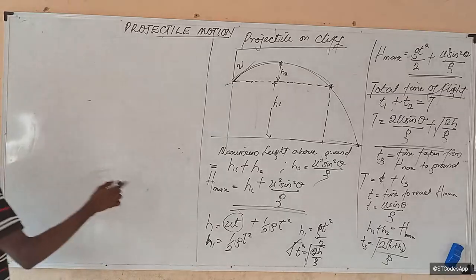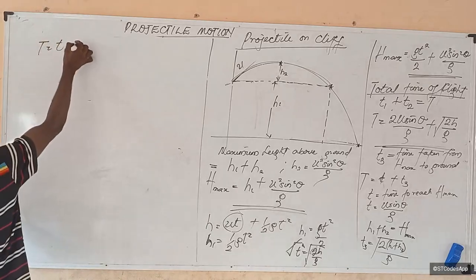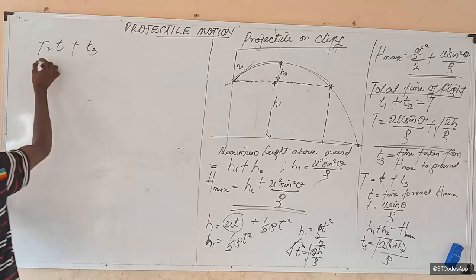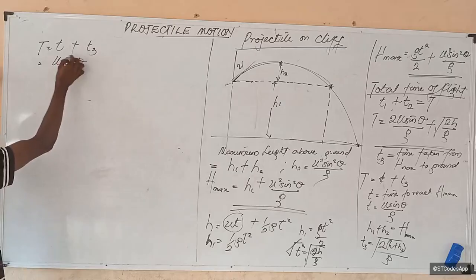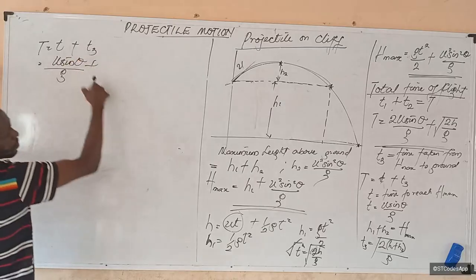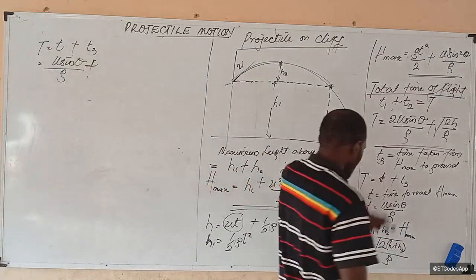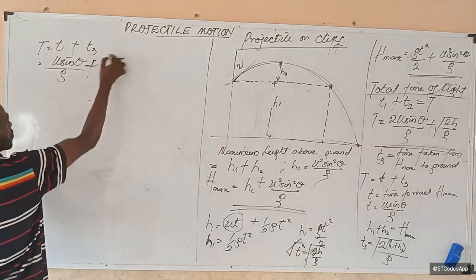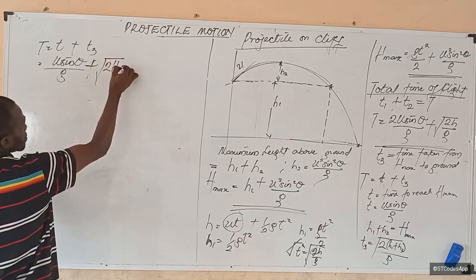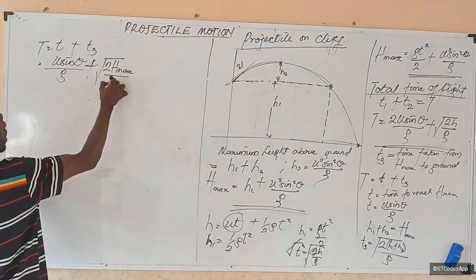So if that's the case, then our total time of flight, which we parameterize to be t plus t3, will be equal to u sine theta over g plus t3. What do we get t3 to be? t3 is the square root of 2 h max, or 2(h1 plus h2), it hasn't changed, over g.